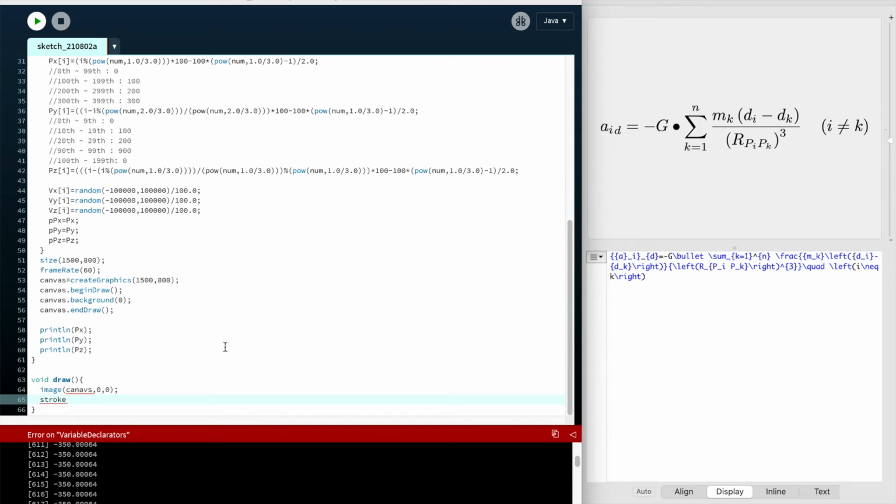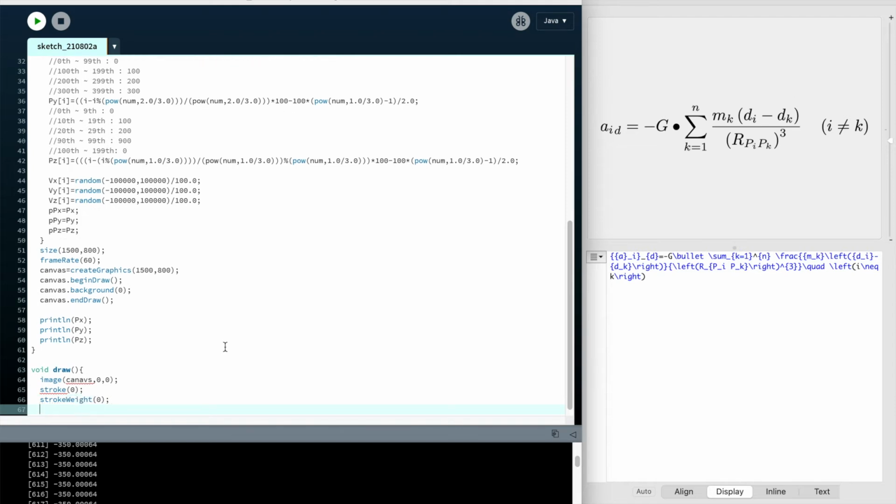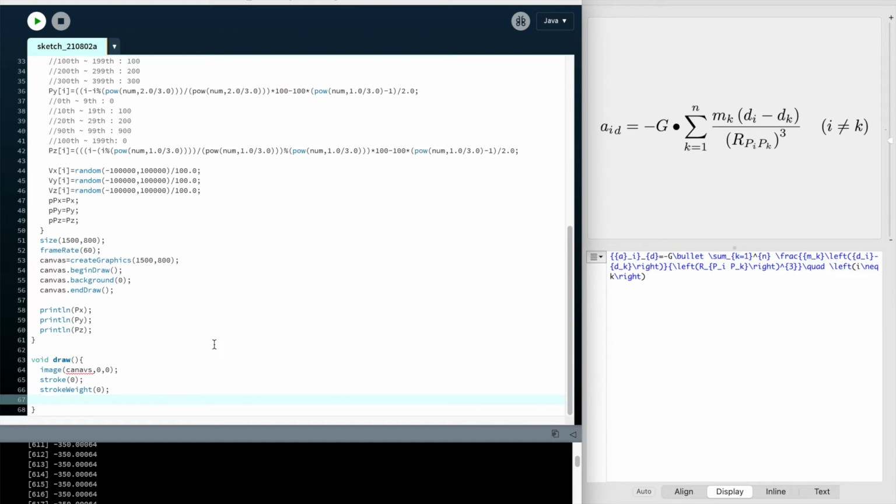Stroke 0, stroke weight is also going to be 0 because I don't want the objects to have any indication of an outer edge. I just want transparent outer edges. And let's translate all of the points to the center. So I'm going to translate it to half of these values.